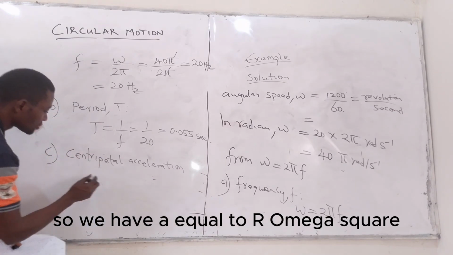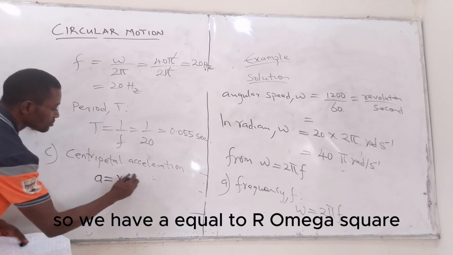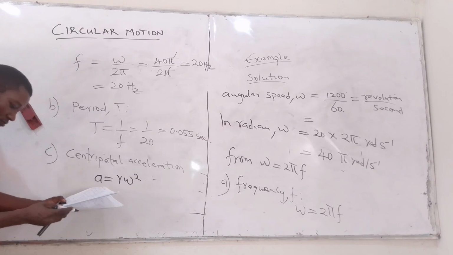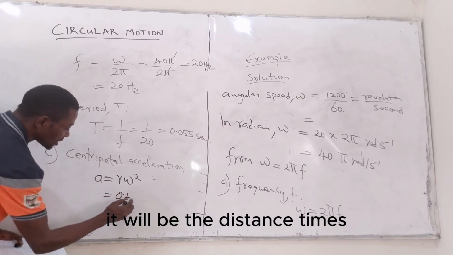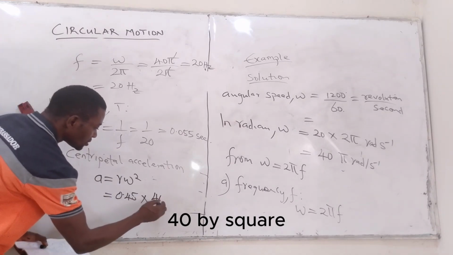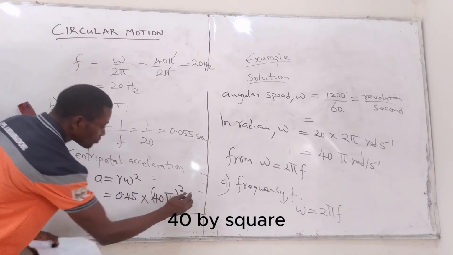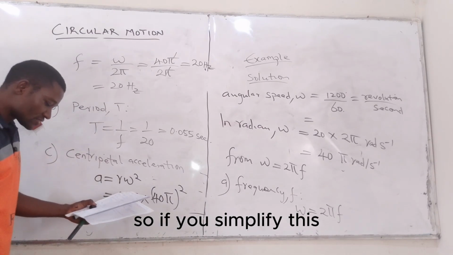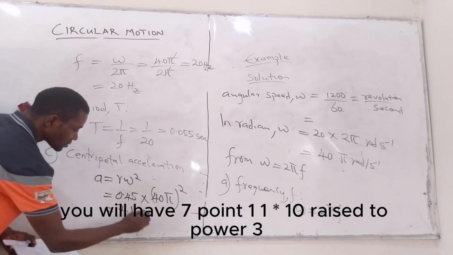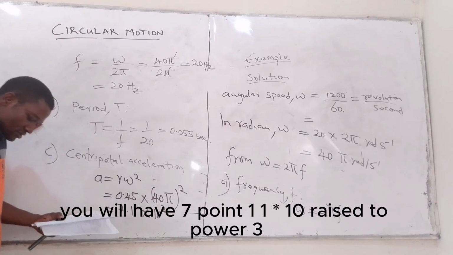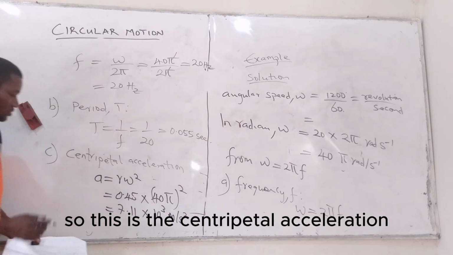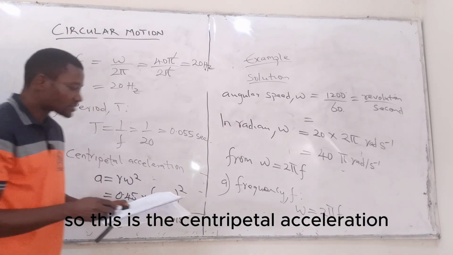So we have a equal to r omega square. Let's substitute: the distance times 40 pi square. If you simplify this, you will have 7.11 times 10 raised to power 3 meter per second square. So this is the centripetal acceleration.